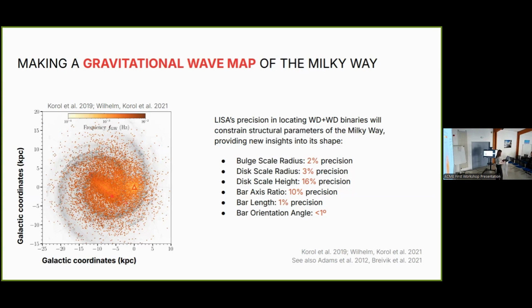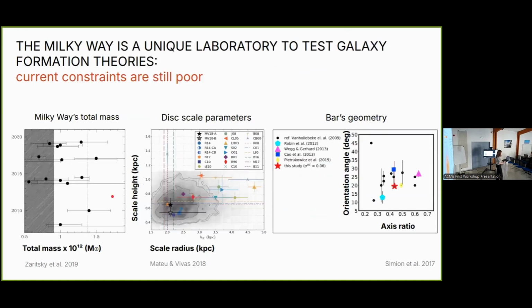And just to put this constraint into context, I wanted to flash some plots that use different stellar tracers to look at the Milky Way total mass, scale radii, and the bar geometry. So these are using other, electromagnetic, stellar tracers, right, not gravitational waves.